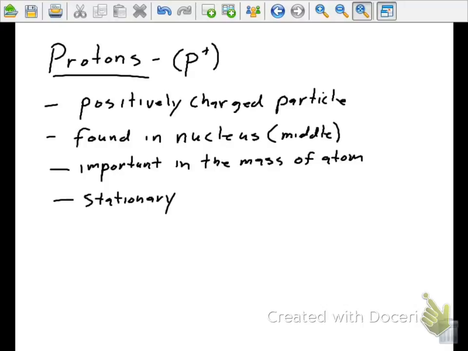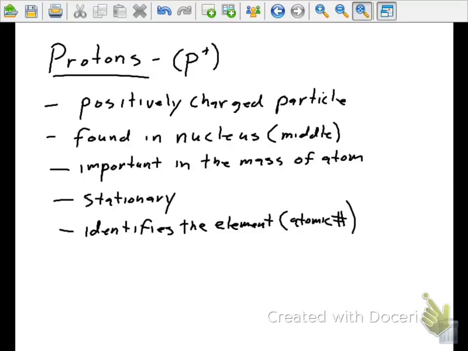They identify the element. There's a definition, it's atomic number. So if I say, how many protons does barium have? 56. Okay?